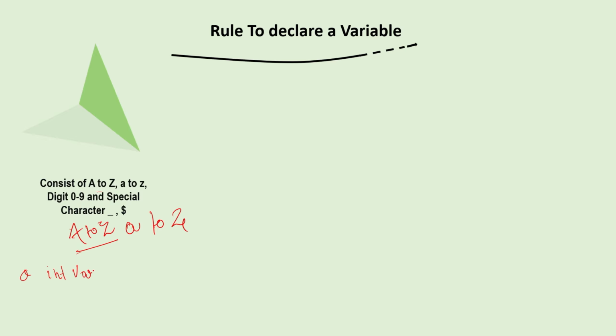So the variable name could be something like var1, then 10, and then a semicolon. The main point is that it consists of A to Z, both lowercase and uppercase, and I can also add digits 0 to 9 and the special characters. Only these two things can be used in the variable declaration. Focus, only these two, don't use another special character, otherwise it throws an error.